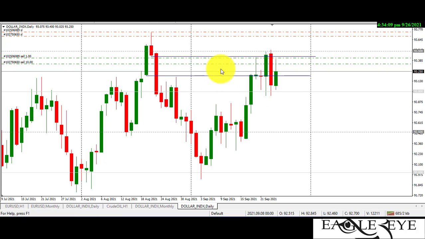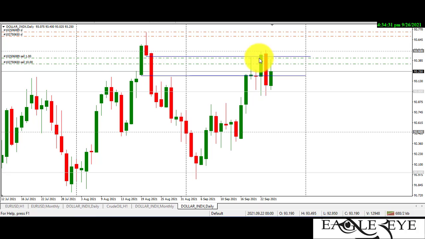Now this price action over here, this candle over here, I think was an FOMC. It was actually very bullish for the dollar index, a whole lot of positivity from the chart.